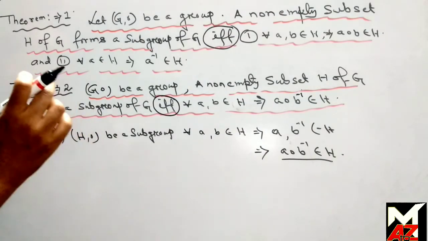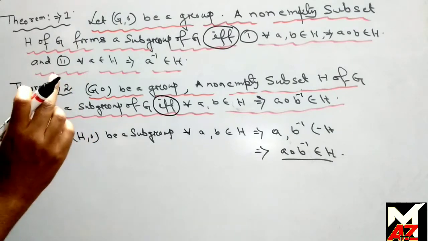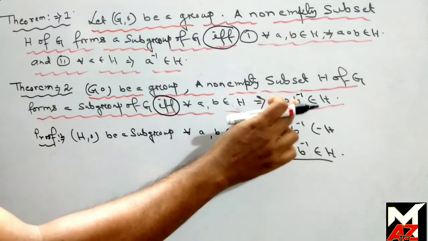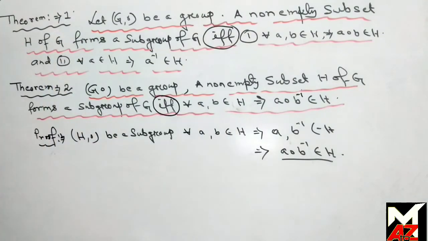So if we take (H, ∘) to be a subgroup, then it is easy to see a ∘ b inverse belongs to H for all a, b belongs to H.